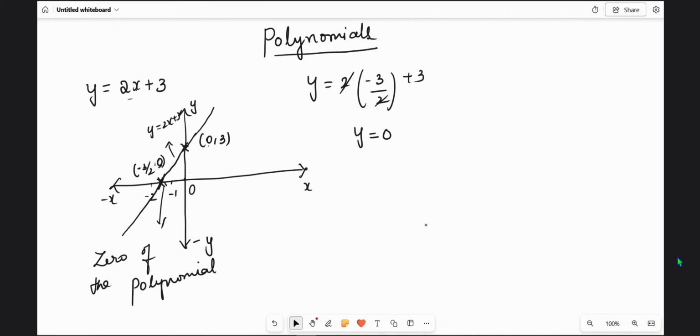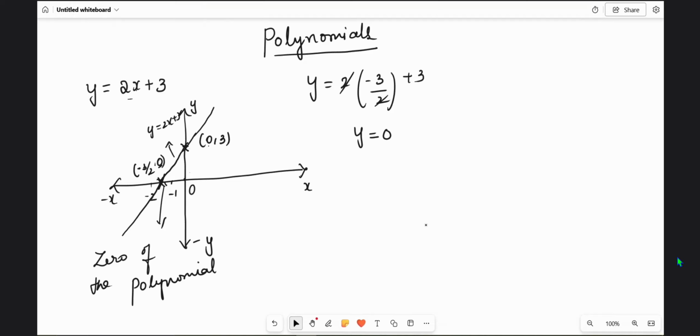And another thing: how many zeros are you able to see in the graph? Only one. So what does it indicate? Whenever the degree of the polynomial is 1, then the number of zeros is also 1. That means whatever the degree of the polynomial, that many zeros you will have.